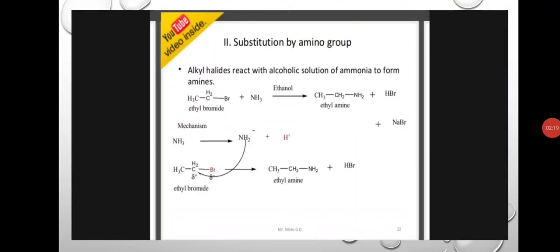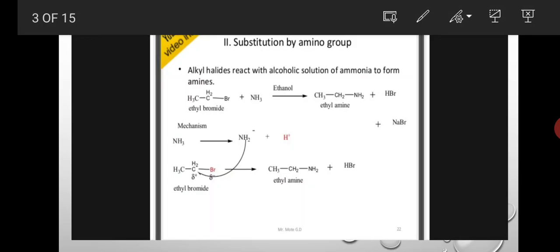Next reaction, substitution by amino group. First reaction is substitution by hydroxy group and the second nucleophilic substitution is substitution by amino group. Alkyl halides react with alcoholic solution of ammonia to form amines. Here we are taking ethyl bromide, CH3CH2Br.